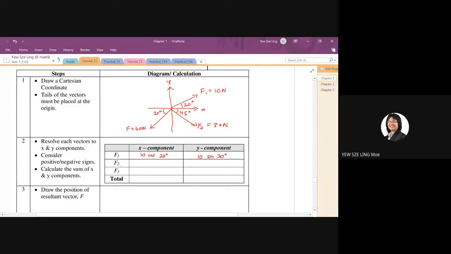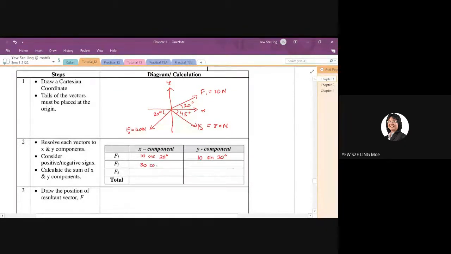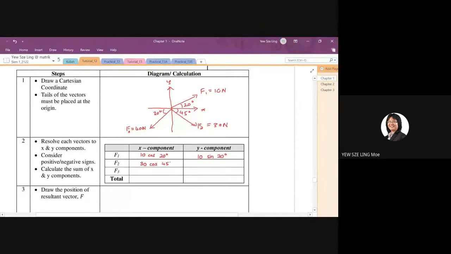For F2, now F2 is 30 Newton, and the angle is 45 degrees beside the x component. Therefore, for the x component, we have 30 Newton cos 45 degrees.